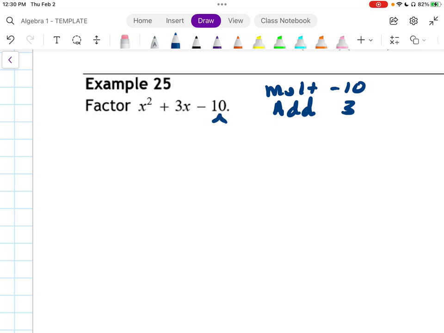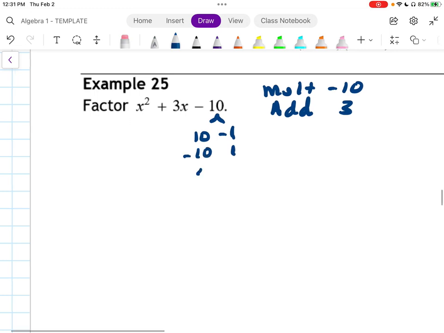I kind of break up the negative 10, and we might be able to think of what combination adds up to be 3. But if you can't, you just start listing stuff. What two numbers multiply to be negative 10? Well, 10 times negative 1. Negative 10 times positive 1. 5 times negative 2. And then negative 5 times 2. I'm thinking that's the only ways to make a negative 10.